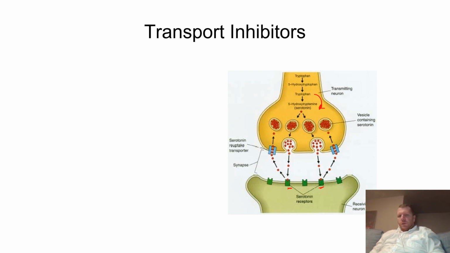And there are these proteins known as serotonin reuptake transporters. And what they're going to do, as you can follow these little red dots, is basically take that serotonin back up. That serotonin is going to be packaged into vesicles. Okay, so this is an example. This serotonin reuptake transporter is a transport protein.